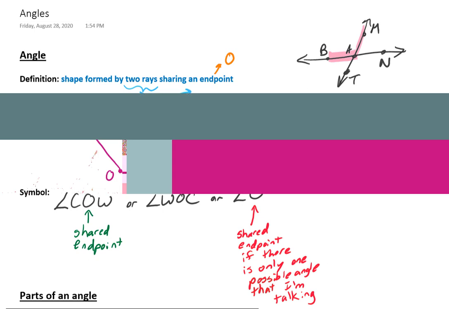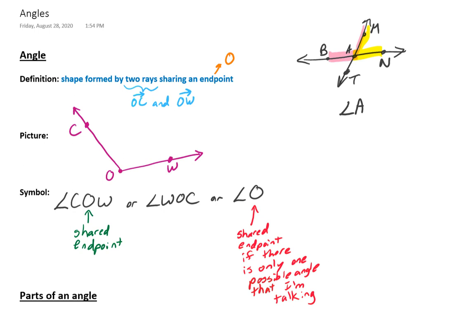Do I mean this angle A? Or do I mean this angle A? So this is a picture where there's more than one possible angle where the shared endpoint is A. So I would not be able to name it with just one letter, the shared endpoint. That's what I mean by I can use just the shared endpoint if, like in this angle here, there's only one angle that I'm actually talking about.